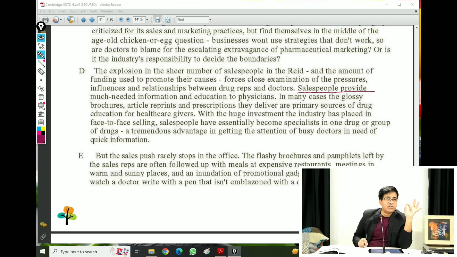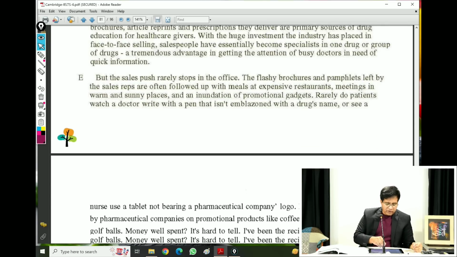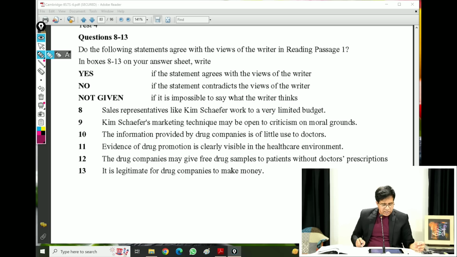Who are physicians? Doctors. So, they provide them the information and education that is much needed. Much needed means little value? No, it means very useful. So, what will be the answer? No, well done. Information provided by drug companies is of little use. No, it is very useful. Answer is no.